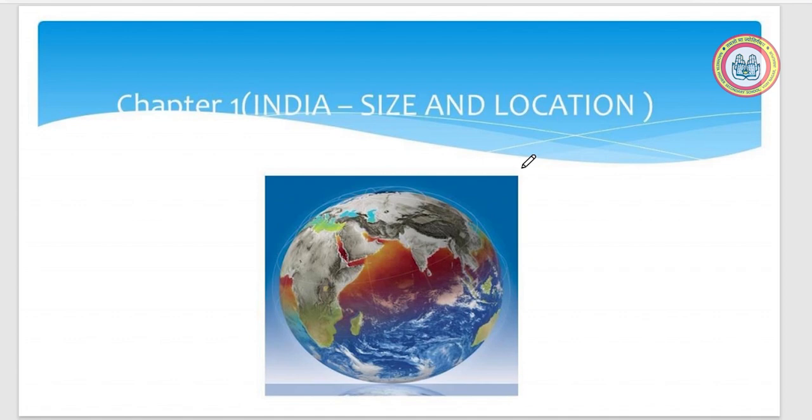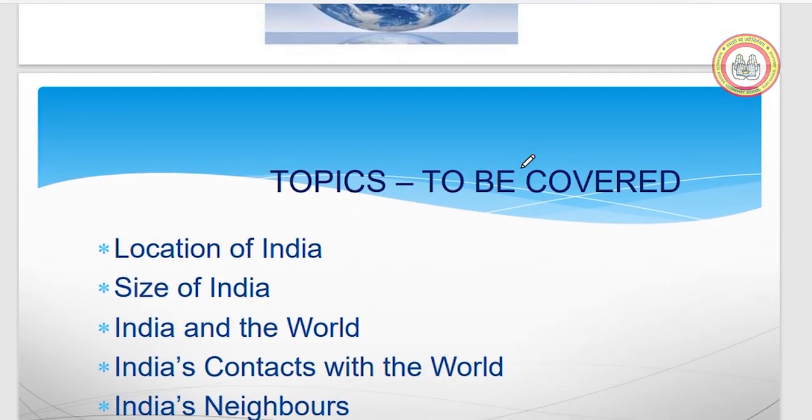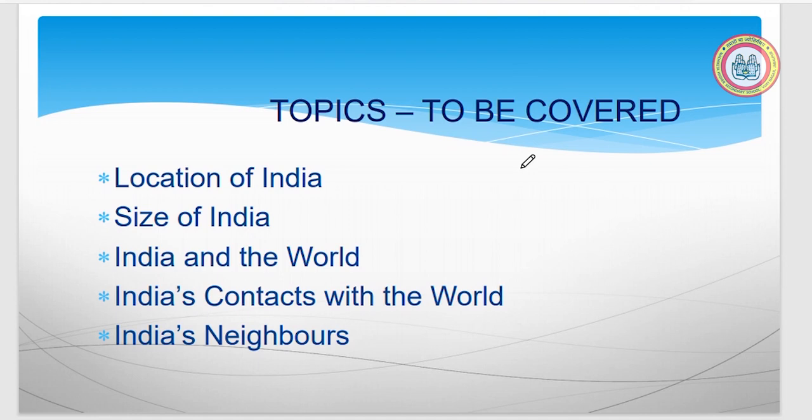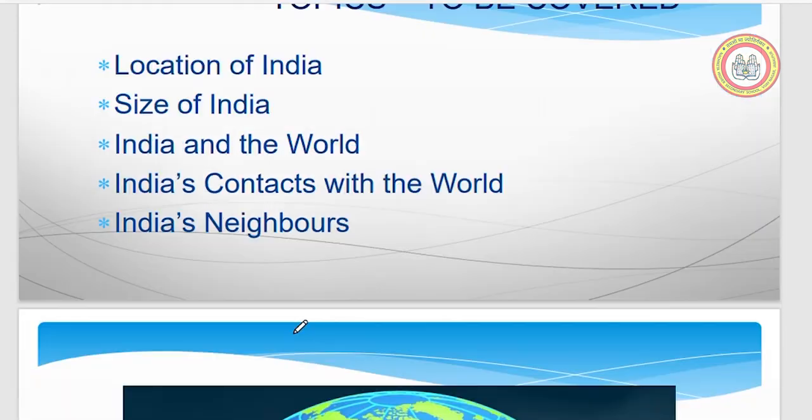This chapter helps us to understand the enormity of India's size and its location in the world. Topics to be covered: location of India, size of India, India and the world, India's contacts with the world, India's neighbors.